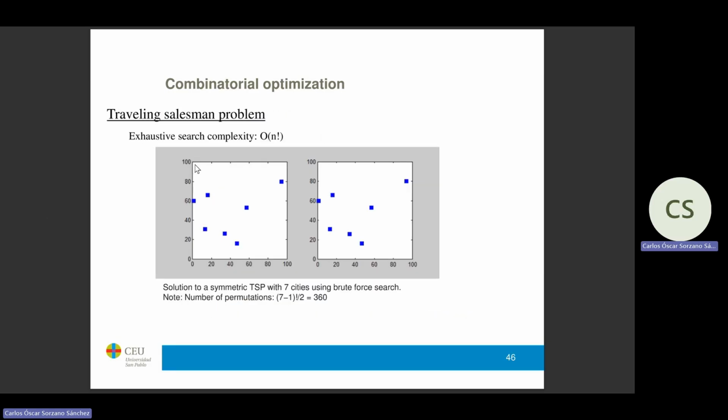For instance, here, let's say that you are given n cities. This n here is 7 cities. So the number of possible paths is a permutation of those cities, so that is in the order of the number of cities factorial. The factorial grows very quickly, so it can be many.